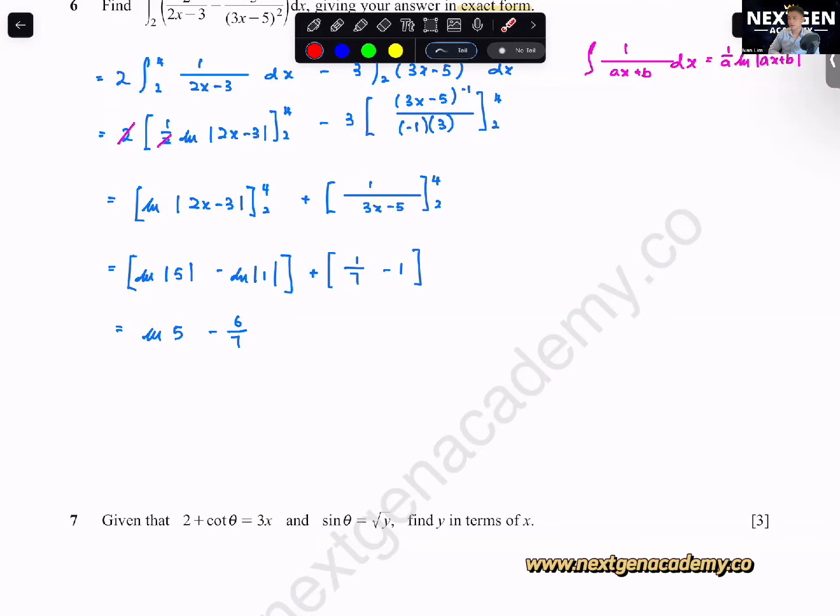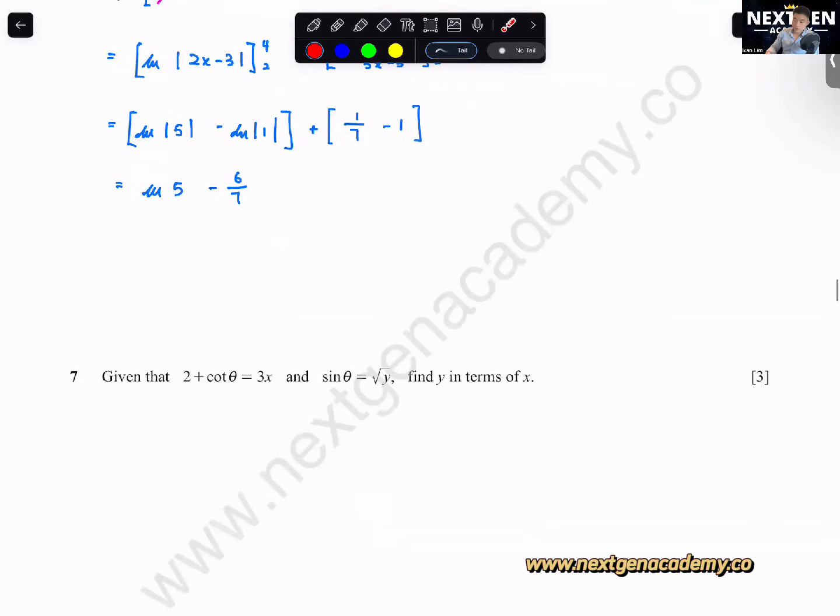Okay, why cosec? Sine change to cosecant. And then, how do we relate both of it? One plus cot. You mean 1 plus cot square?